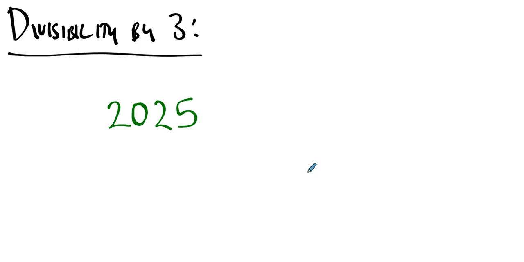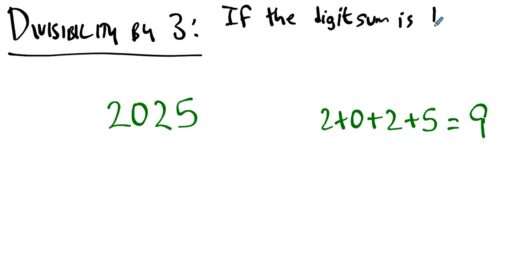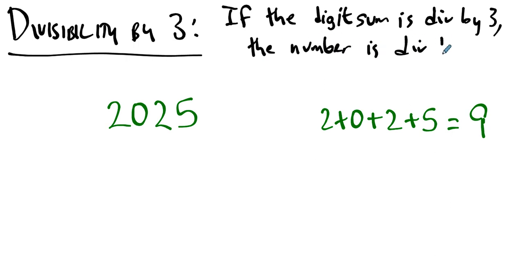Sure it is, and you probably remember saying, I gotta add up all the digits, that's 9. 9 is a multiple of 3, so this is a multiple of 3. If the digit sum is divisible by 3, the number is divisible by 3.